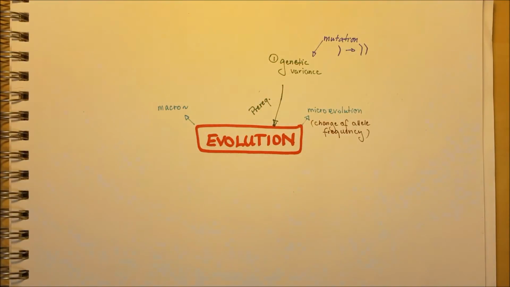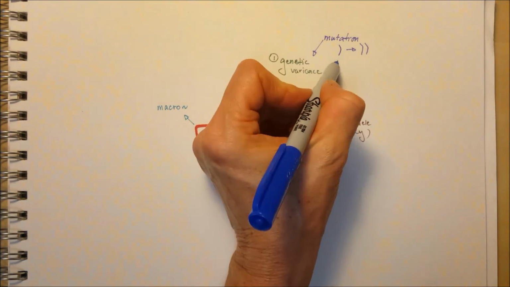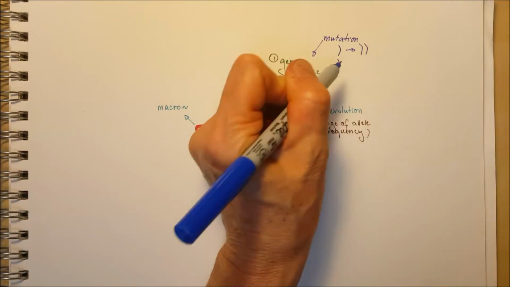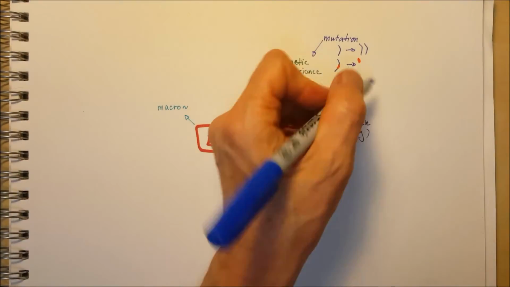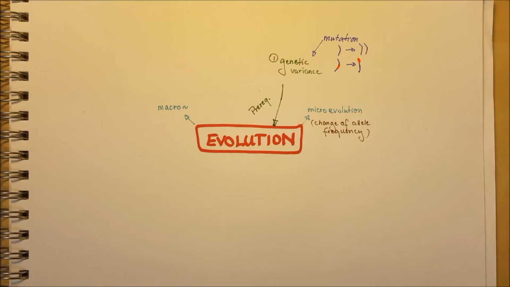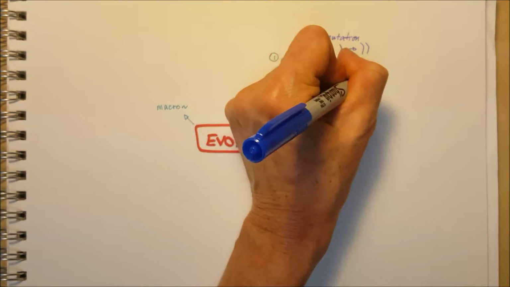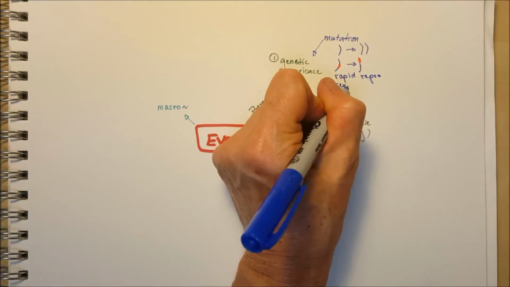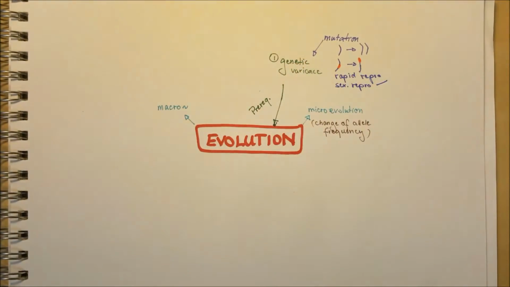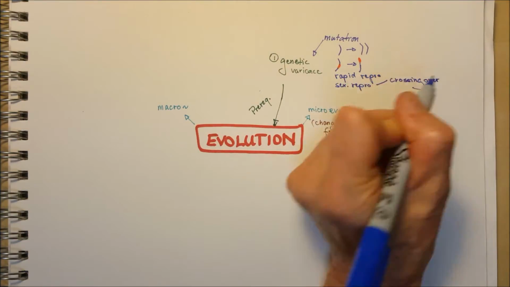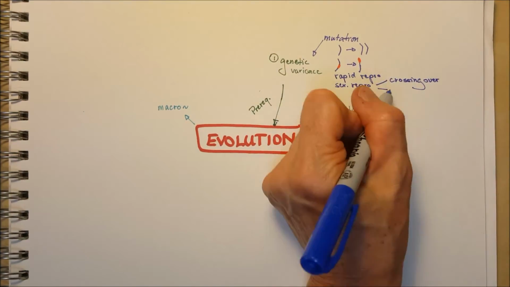The mutation can be a point mutation in the gene, or chromosomal mutations: deletion, disruption, duplication, or rearrangement of segments in the chromosomes. Usually mutations are not beneficial, so they are usually harmful.